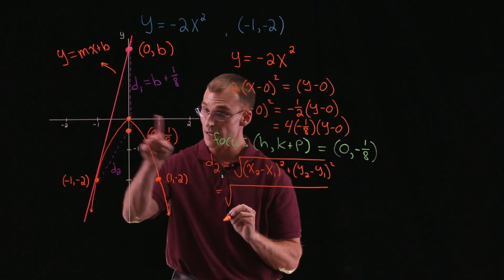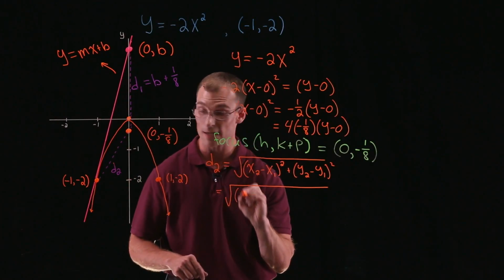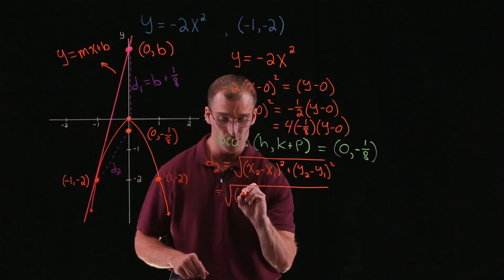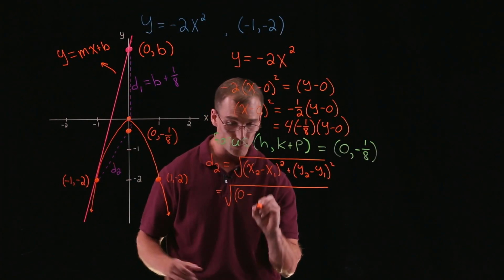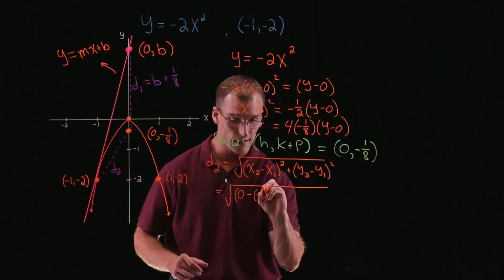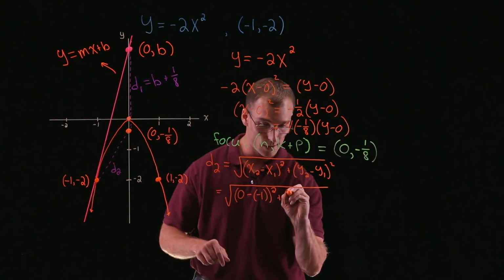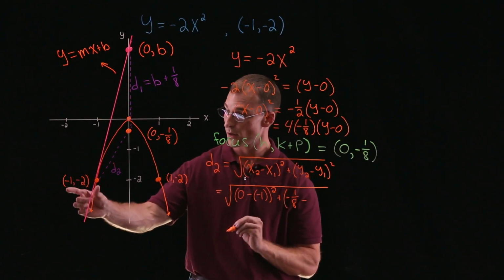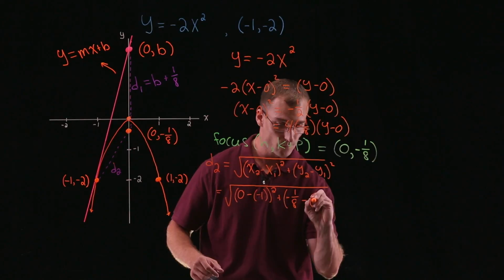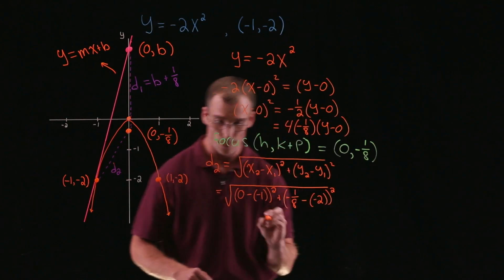We'll take our second point, the focus here, 0, -1/8. So x2 will be 0 minus the x-coordinate of our first point, minus -1, squared, plus y2, the y-coordinate, -1/8 minus y1, minus -2, say quantity squared.